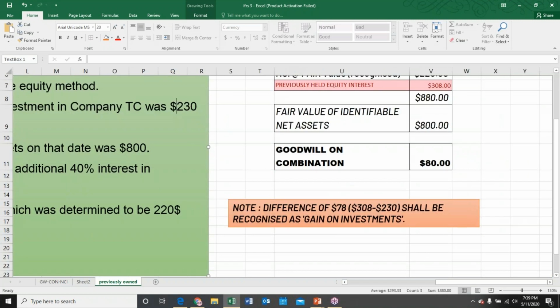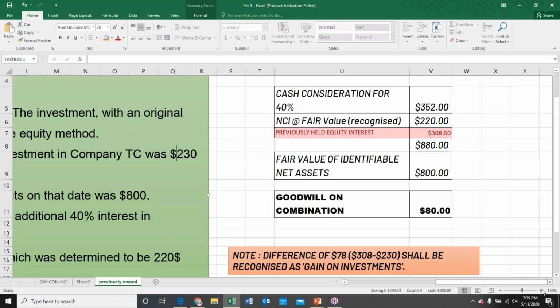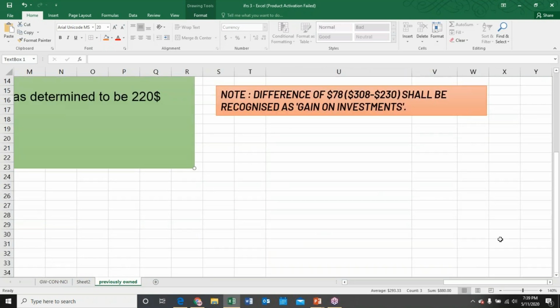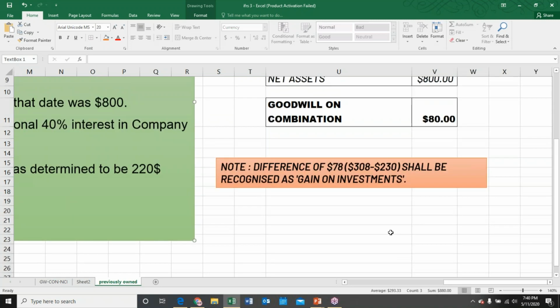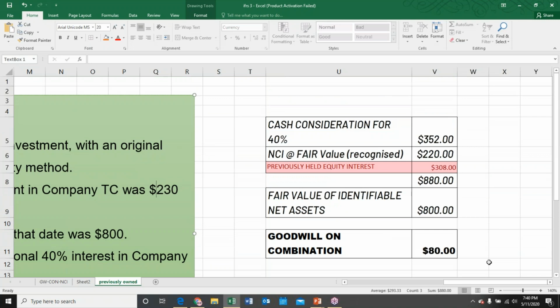The difference of 308 and 230 will be recognized as a gain on investment, and it is going to have an effect on my P&L. So $78 is my difference between carrying value and fair value, and it is recognized as a gain on investment, a profit on investment that I've had.